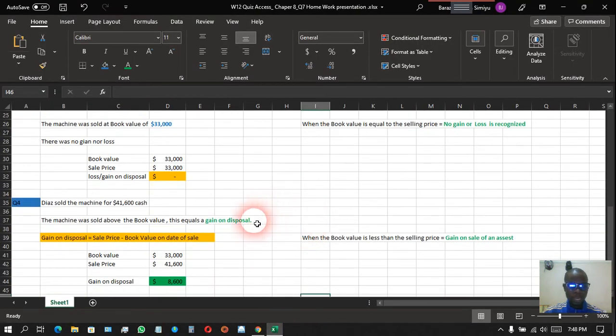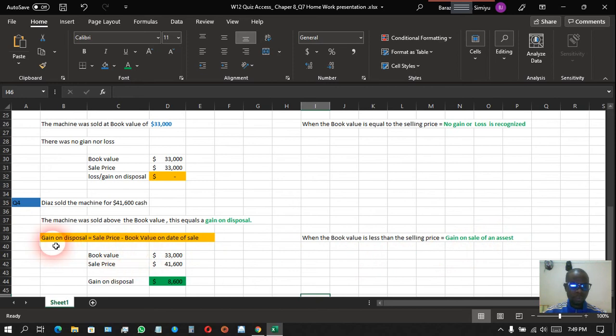Now we know that the amount that the machine was sold at is more than the book value of 33,000, and we know that when the book value is less than the selling price, this will be equivalent to the gain on the sale of an asset.